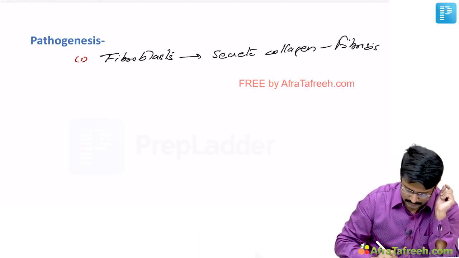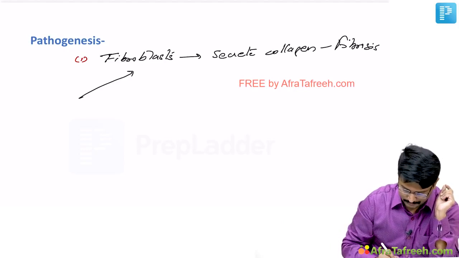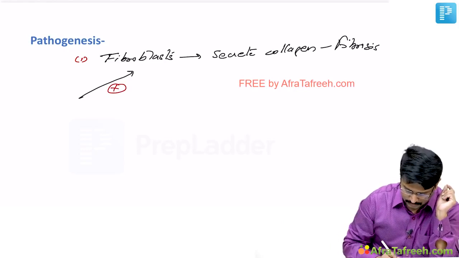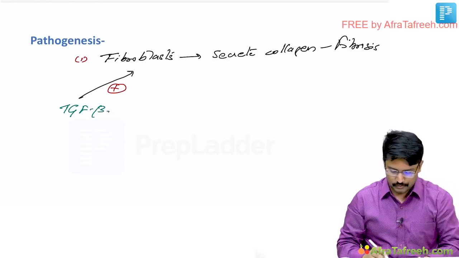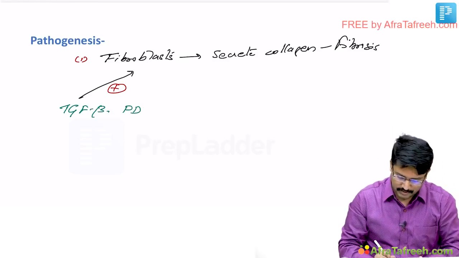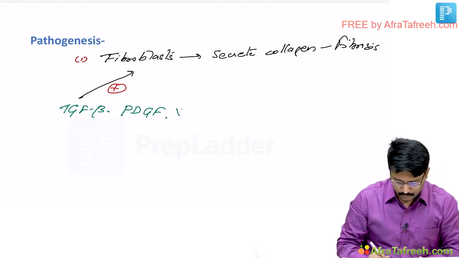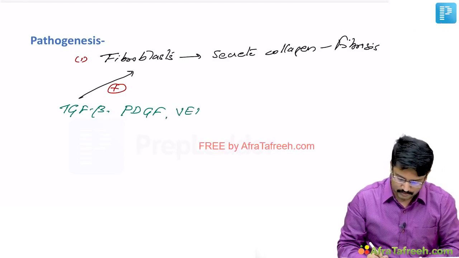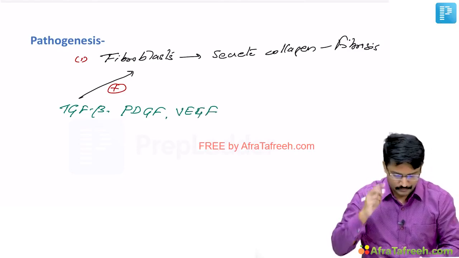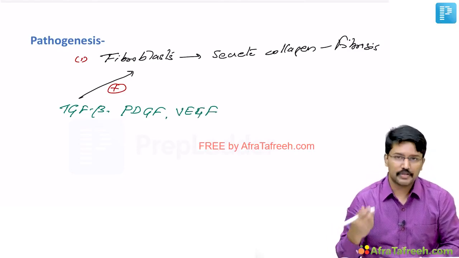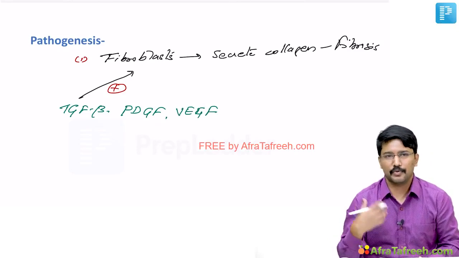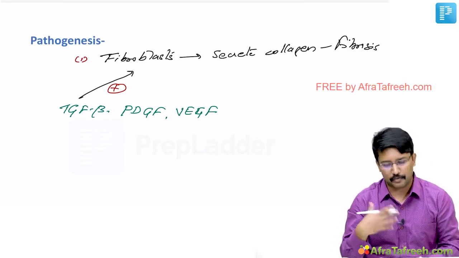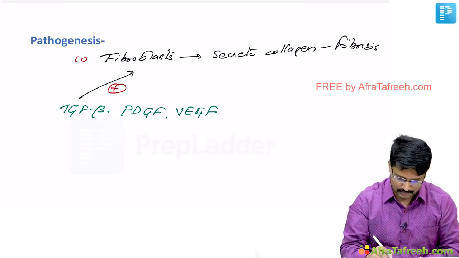And these fibroblasts are stimulated by transforming growth factor beta and also other growth factors like platelet derived growth factor, then vascular endothelial growth factor. These have a positive influence on fibroblasts and stimulate them to produce more collagen and deposit it, making fibrosis.